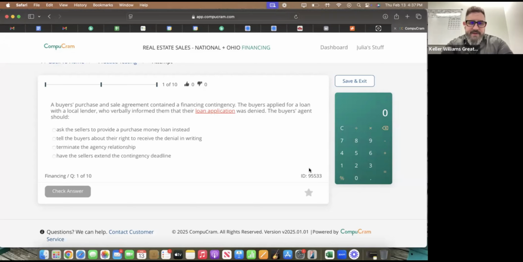B, tell the buyers about the right to receive the denial in writing. C, terminate the agency relationship. Or D, have the sellers extend the contingency deadline. And you can go ahead and put in the chat A, B, C, or D.